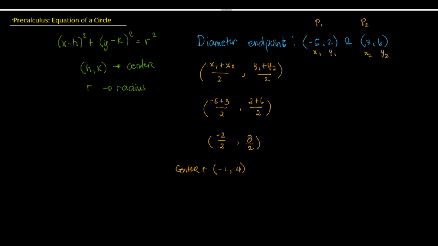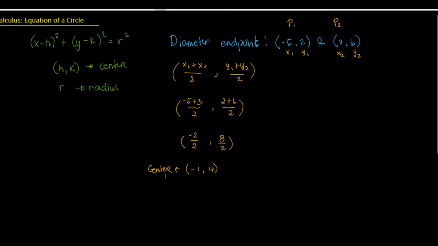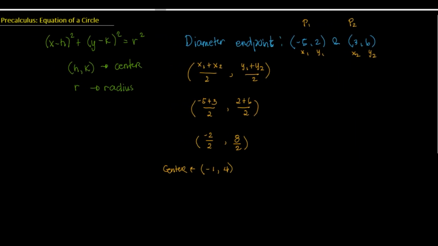So let's solve for the radius. How? We're going to solve the distance of these 2 points and then divide it by 2 because, again, radius is half of the diameter. So using the distance formula, we have the square root of x sub 2 minus x sub 1 squared plus y sub 2 minus y sub 1 squared.